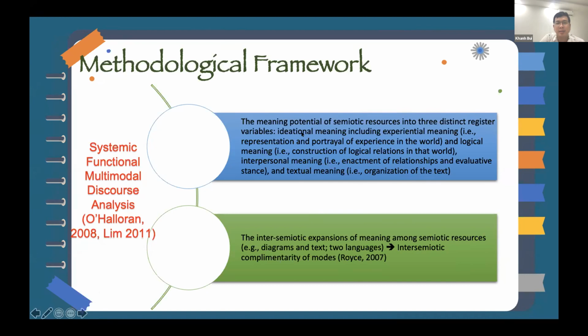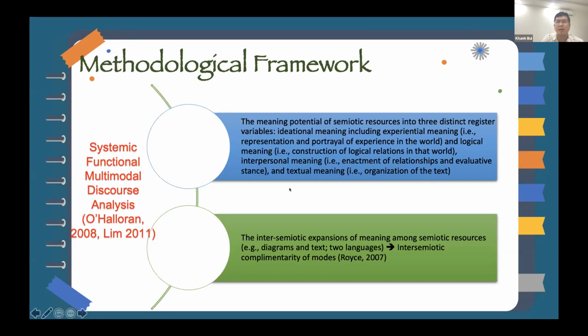As you can see here, the same as in systemic functional linguistics, we have the meaning potentials of semiotic resources organized into three distinct register variables, as in Halliday's systemic functional linguistics.